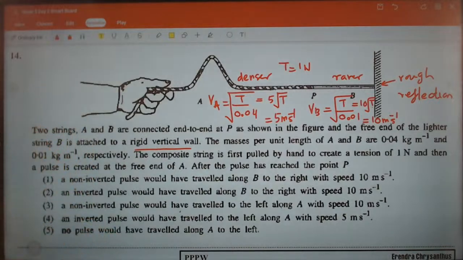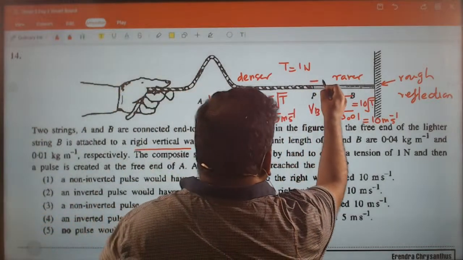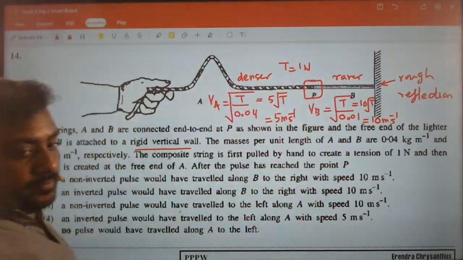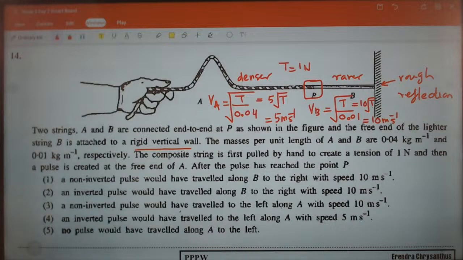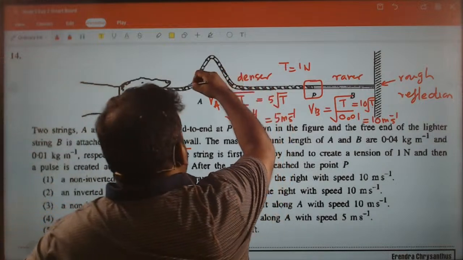So what can you say about that end there? Look at the board carefully. Here you can see this wave will come.